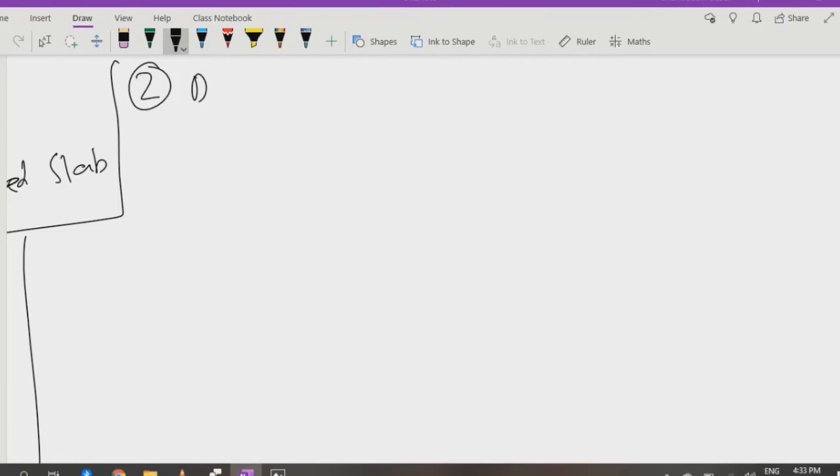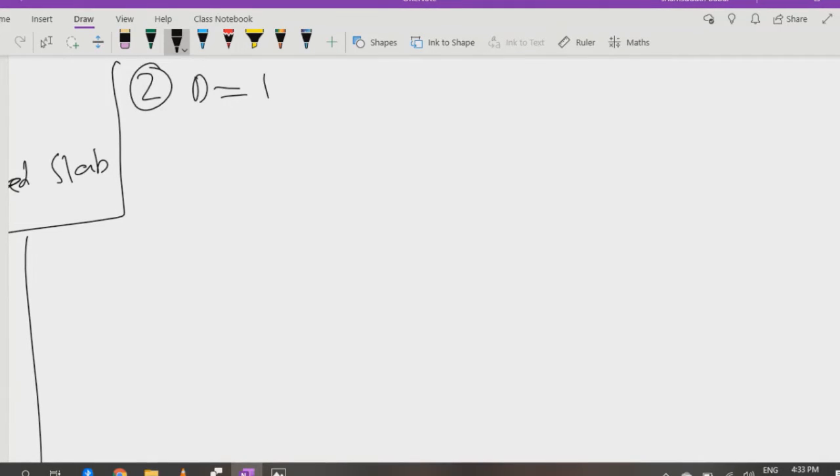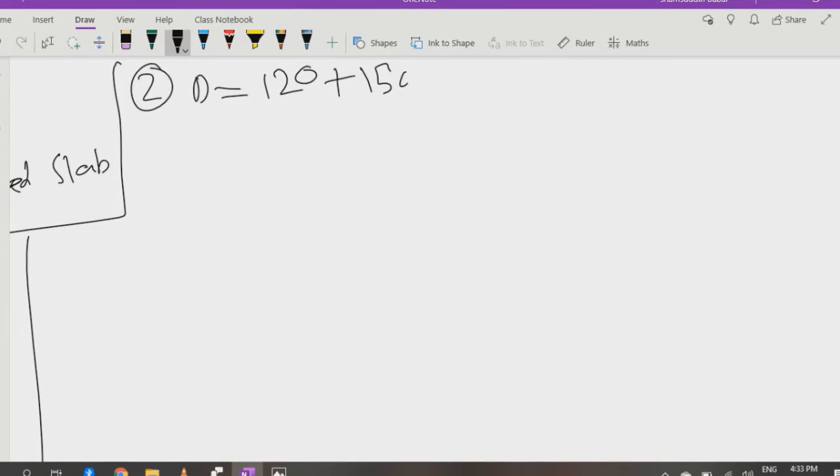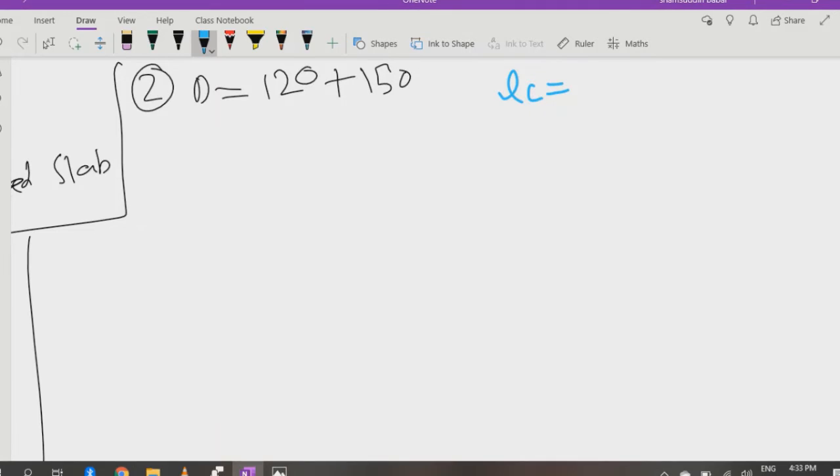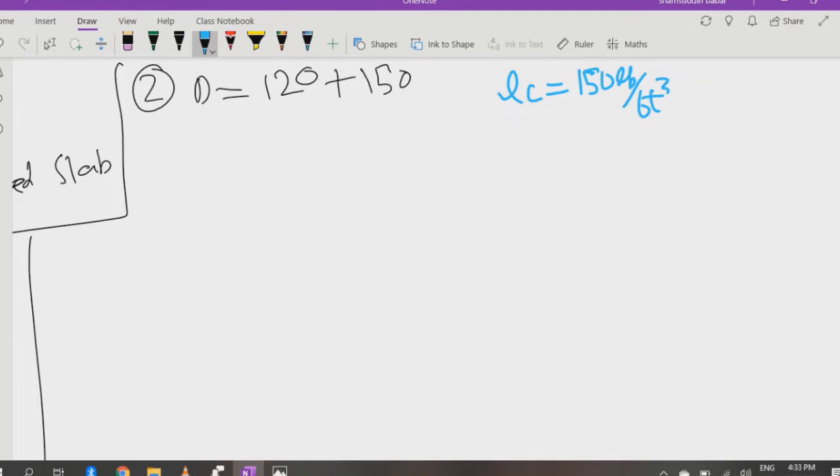Dead load is equal to 120, which is given, plus the self weight of the slab. Self weight is rho c, the density of concrete, equal to 150 pounds per cubic feet.